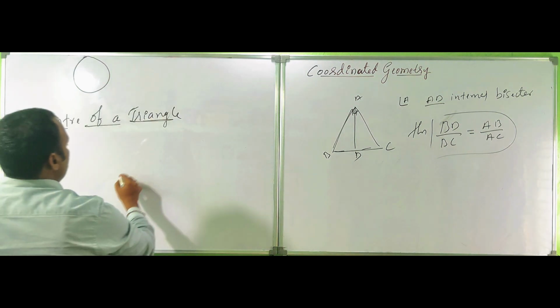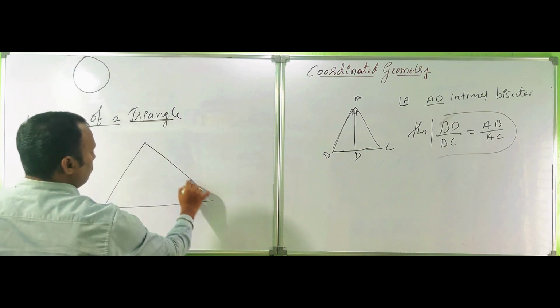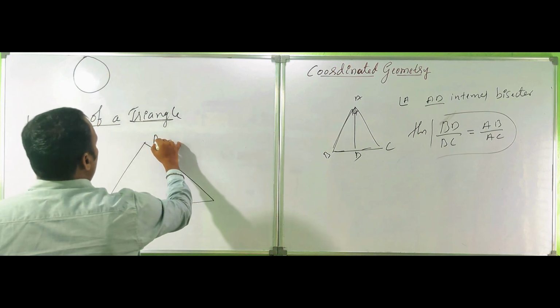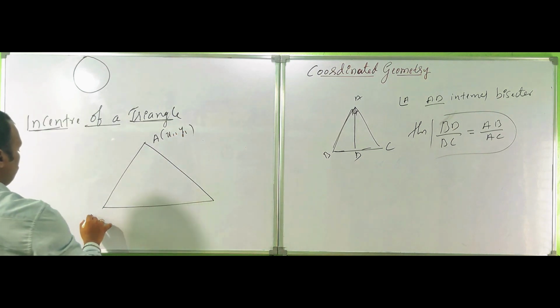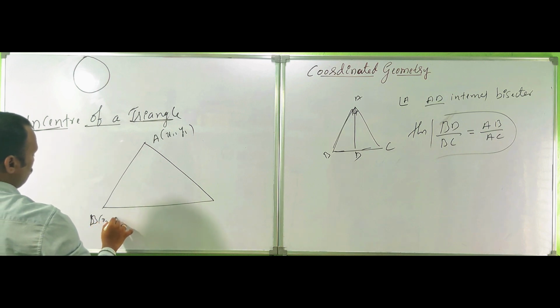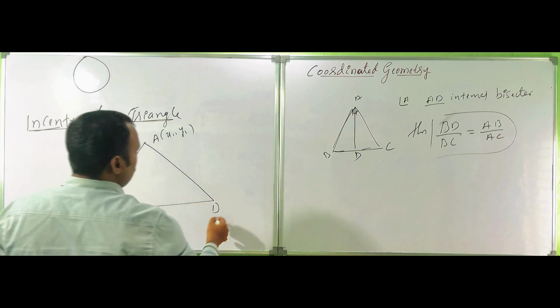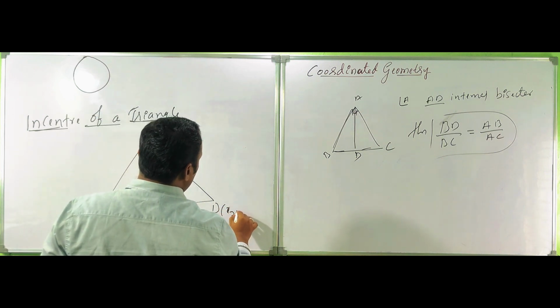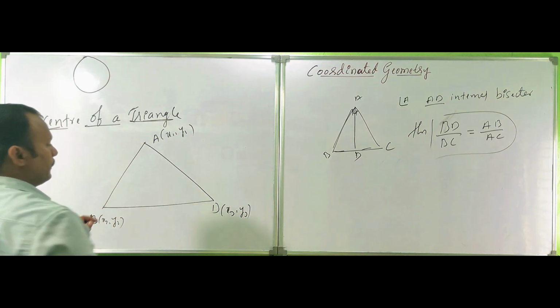Let's take a triangle with vertices A (x1, y1), B (x2, y2), and C (x3, y3). The side opposite A is called a, the side opposite B is called b, and the side opposite C is called c. One internal bisector divides the opposite side at point D in the ratio c to b.